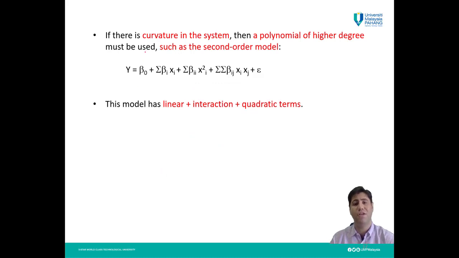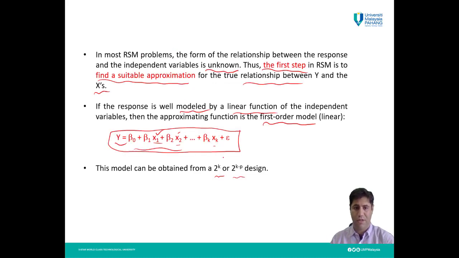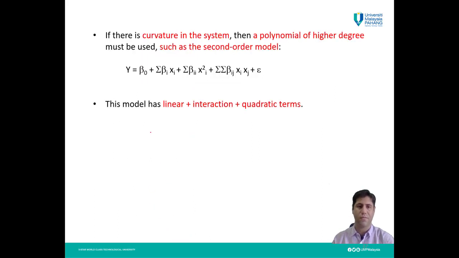And if we have a curvature in the model, here is our imagination for the factor. We have this relationship for the factors. Here is the factor. Here is the response. So we imagine the response is changing linearly as we change the factors. We can use this equation.